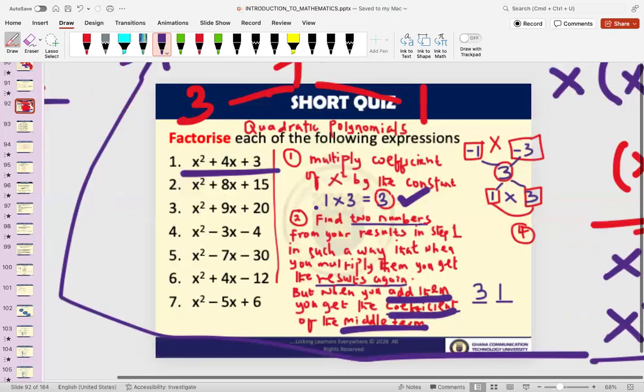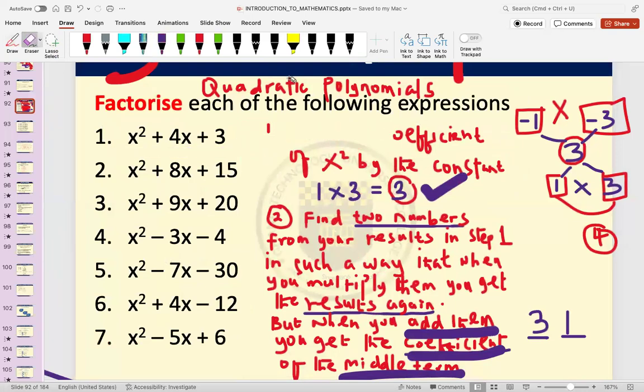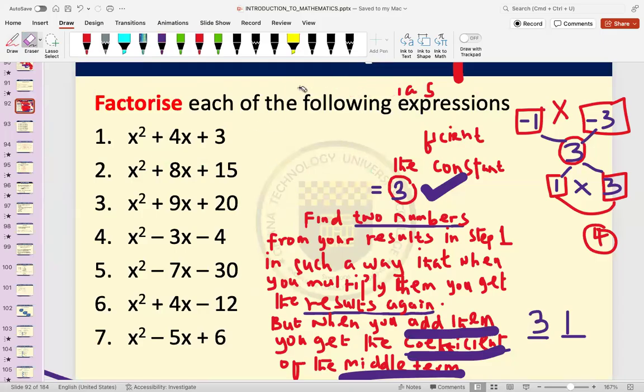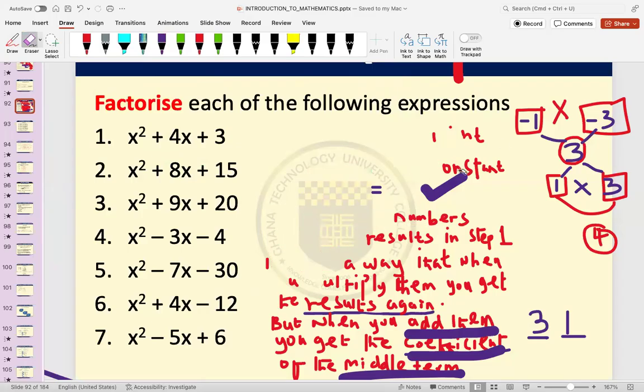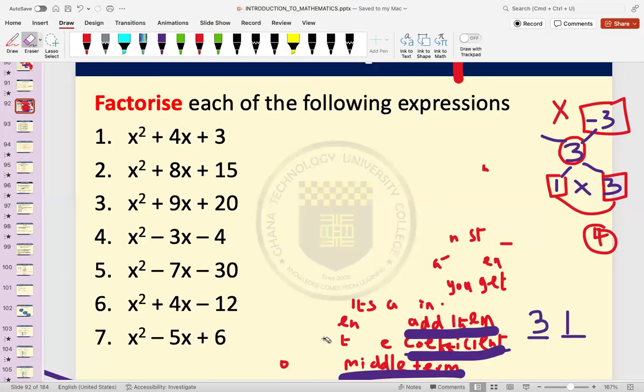Let's pick more examples to enhance our understanding. I'm sure by the time I finish with a couple of examples, the picture will be clearer to you. We will want to try our hands on the second question. And then if you have any question, you can ask before I proceed to the next thing I want to do.